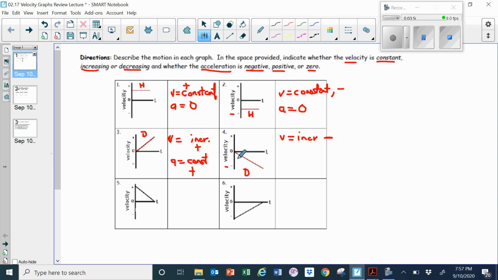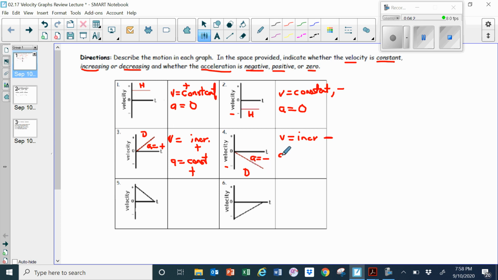It's getting larger, but it's going in a negative direction. So in this case, since the velocity is increasing in a negative direction, this has a negative slope. The slope of this line is the acceleration. So if you look here, for example, the acceleration is positive because the slope is positive.